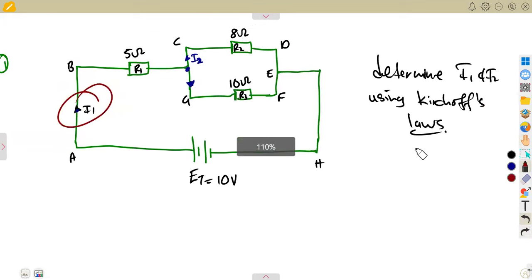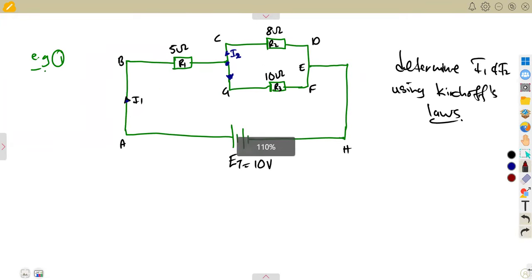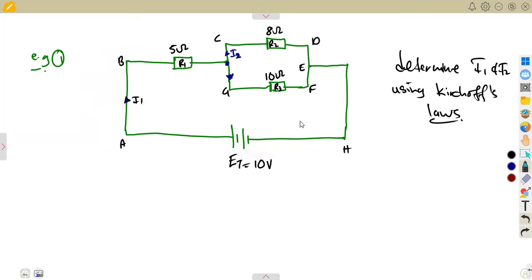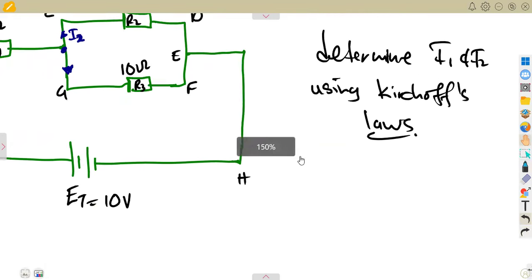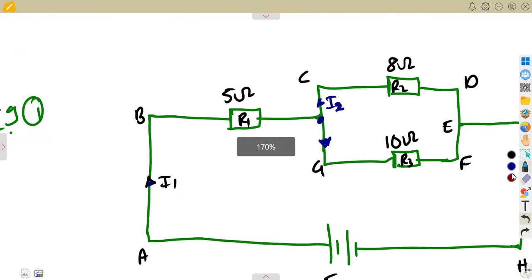Current 1 is entering this loop that you're given, at this junction here. At this junction, current 1 is flowing. This is your current 1.